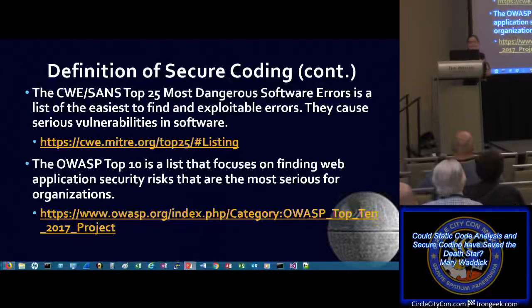Okay. But yeah, so this is basically the CWE top 25. I'm not reading my slide. The top 25 most dangerous can be found here. And then the OWASP top 10. Of course, the OWASP top 10 are the web application ones. And then the SANS and CWE top 25.